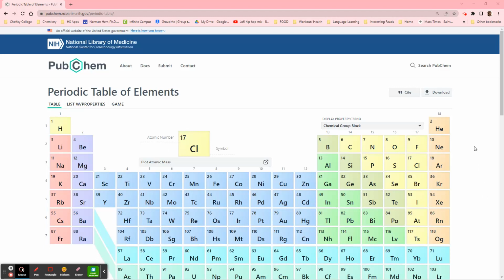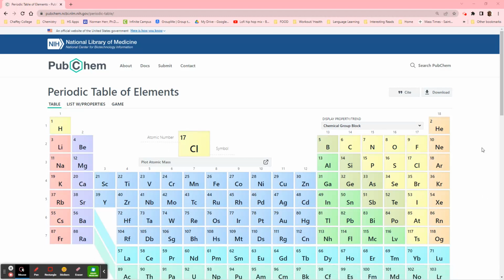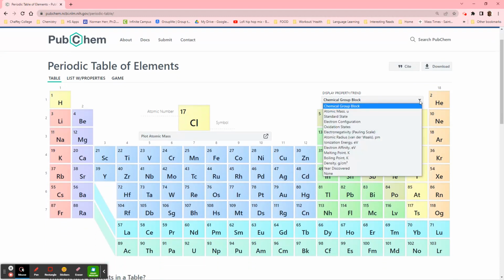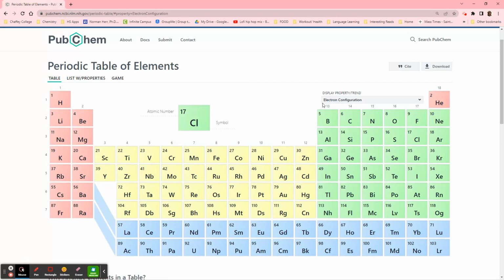This entire block here on this side is considered the p block. Okay, perfect. So all the green is considered my p block. The yellow is the d block, the transitional elements, and the blue is the f block.